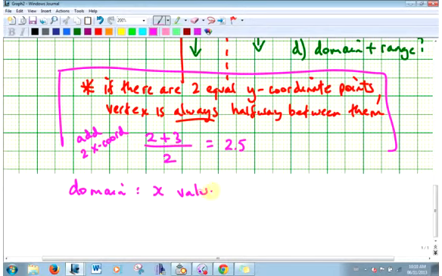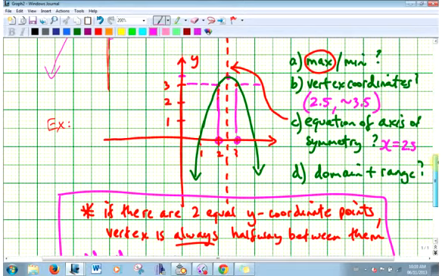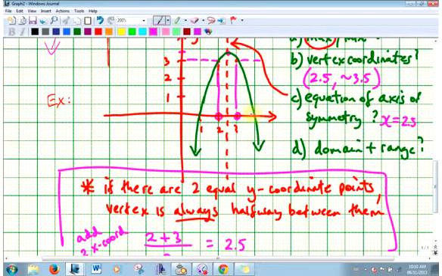Yeah. That you have to memorize. Domain is the x values of the graph. And then you have to look at your graph. What possible x values are part of this domain? What are the x values of this graph?